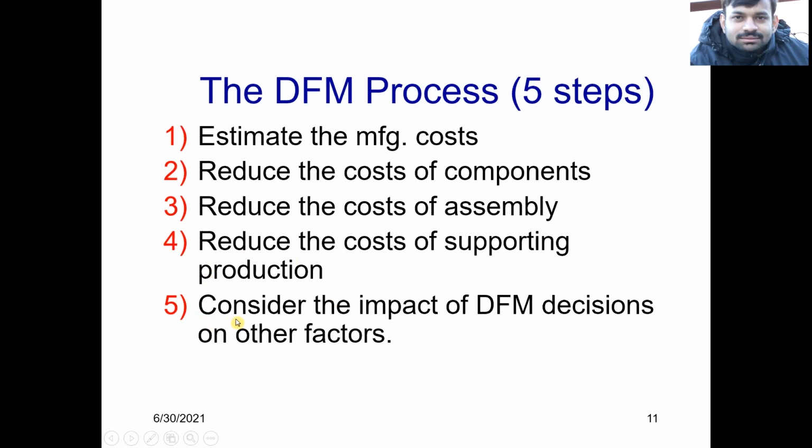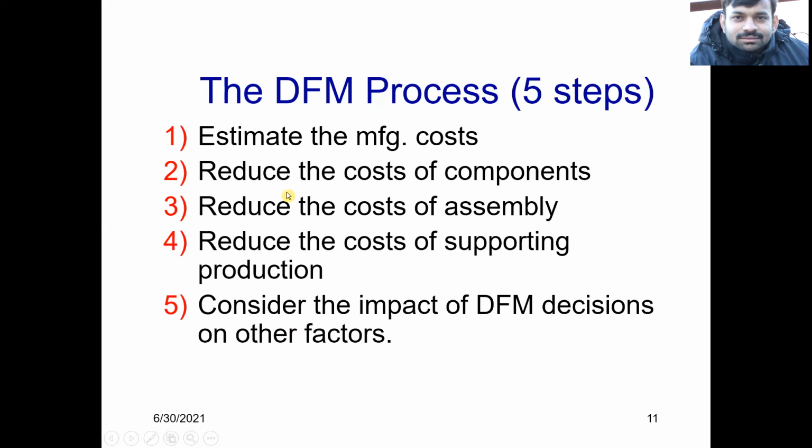All right, and the fifth step will be to consider the impact of DFM decisions on other factors. Apart from design for manufacturing, there are other methods also by which we can reduce the cost of the product. By following one method and by following another method, we can compare which method is bringing down the cost of the product to a greater extent.